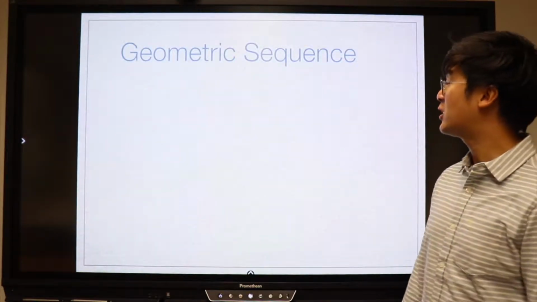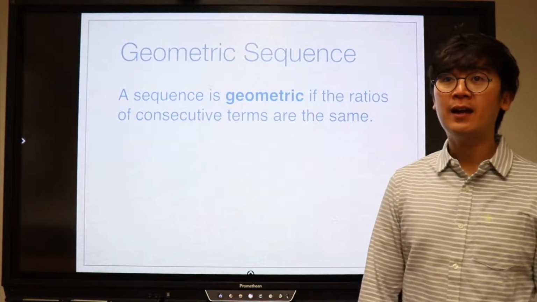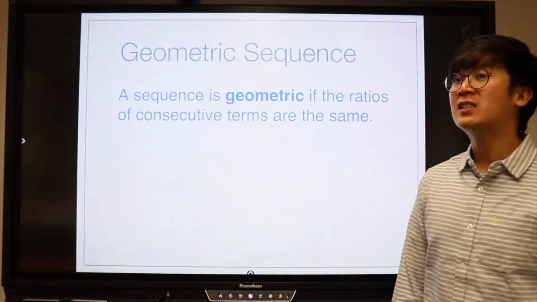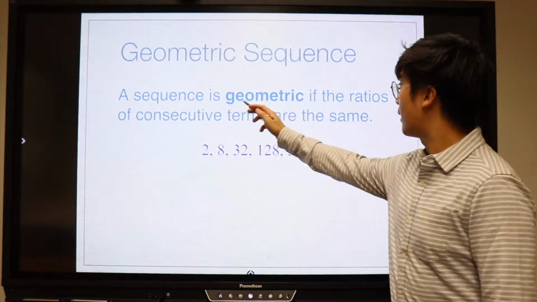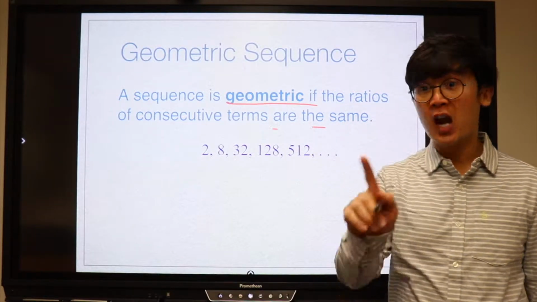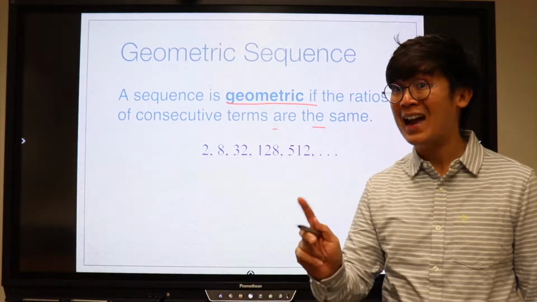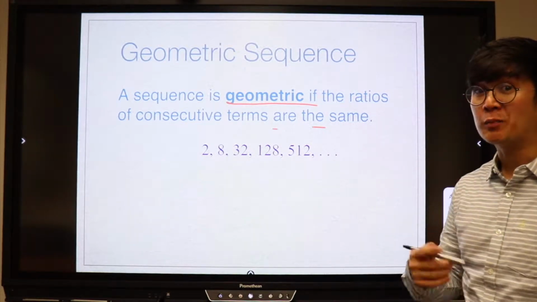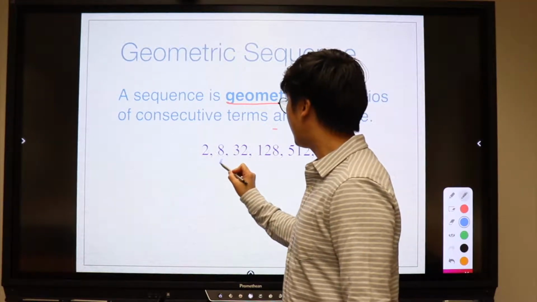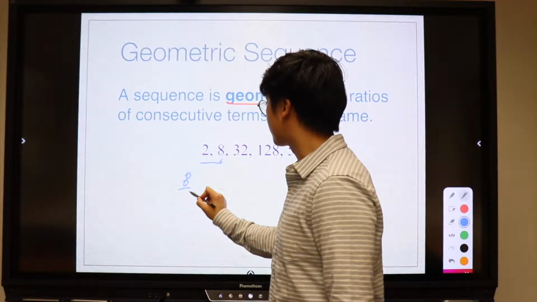So let's get started. Let's say we are asked to verify if this sequence is geometric. We're not asked if this is arithmetic, we're asked if it's geometric. So we're not going to subtract, we're going to be dividing. What is 8 divided by 2? 4.